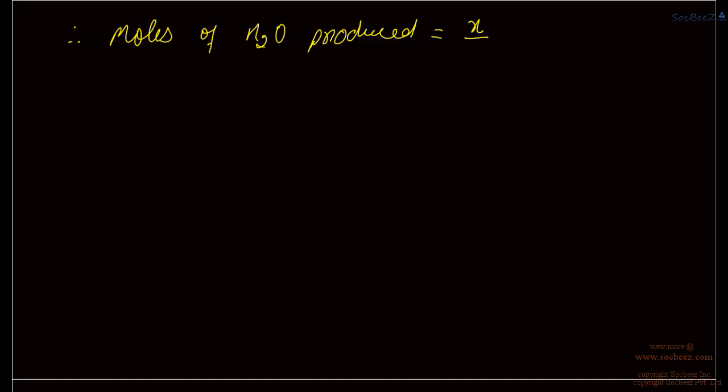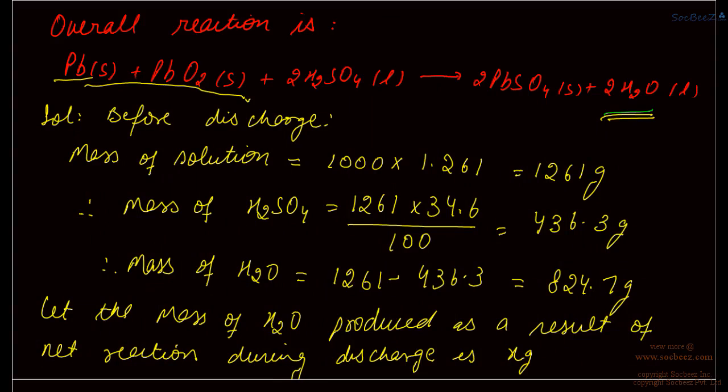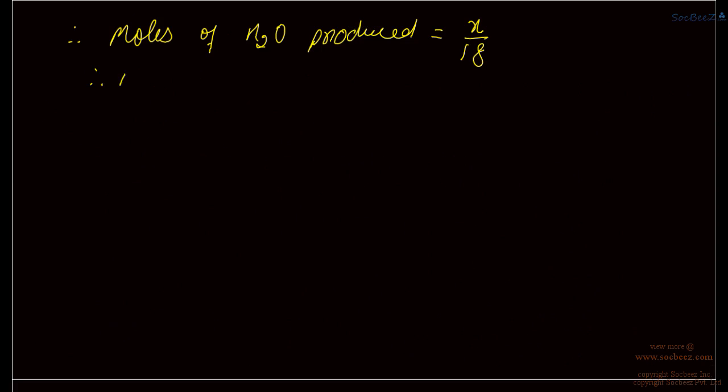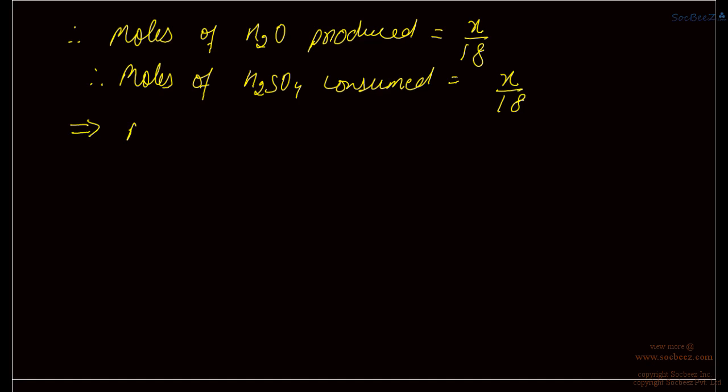Therefore moles of H2O produced equals x upon 18, and since 2 moles of H2SO4 is consumed to produce 2 moles of H2O, moles of H2SO4 consumed equals x upon 18.